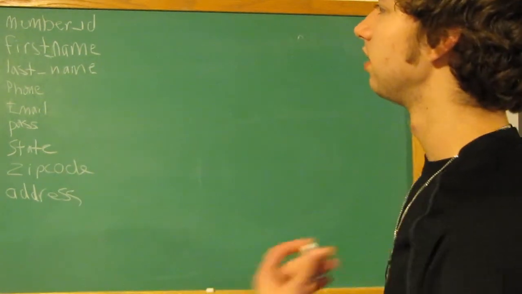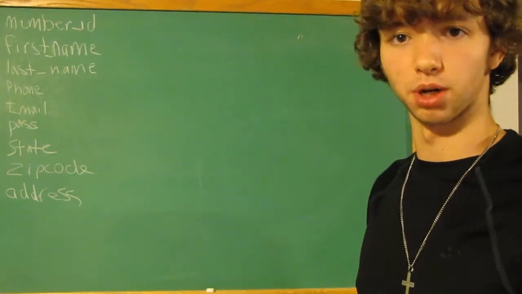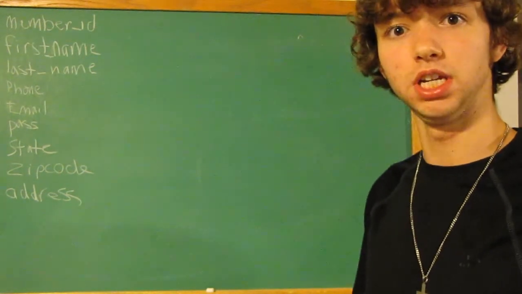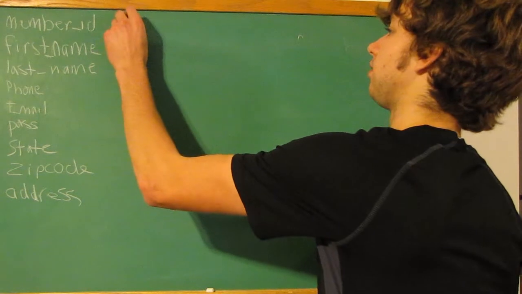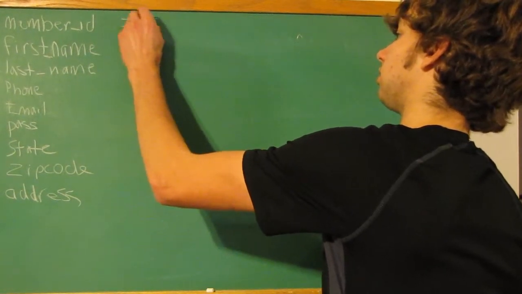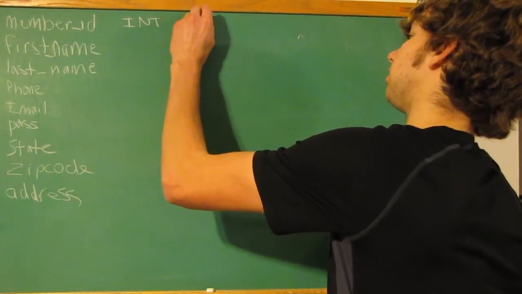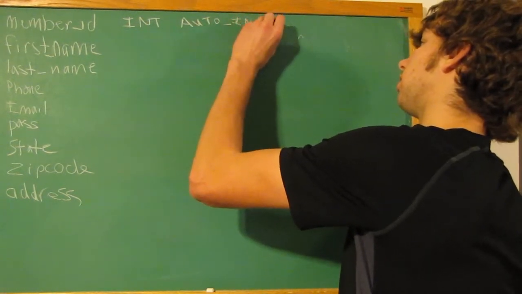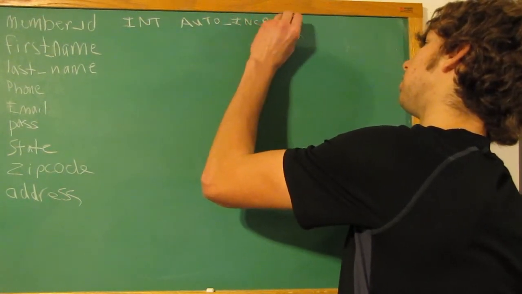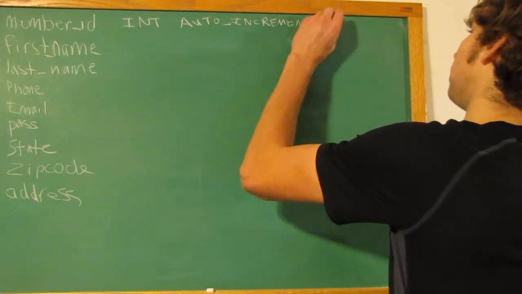Right, so member ID, that's obviously going to be our primary key, the one that keeps everything unique within a row. So this will be int, auto increment, not null.